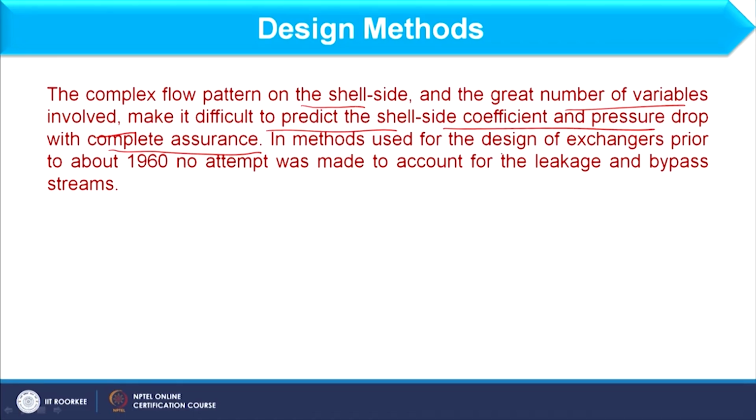In methods used for design of exchangers prior to about 1960, no attempt was made to account for leakage and bypass streams. So, you can see the leakage and bypass streams are considered from 1960 onward, but not before that, and different methods are available, we will discuss as time comes.